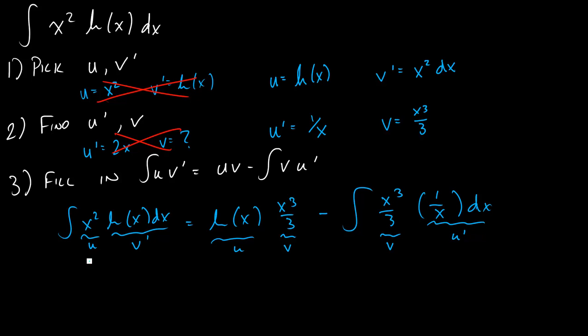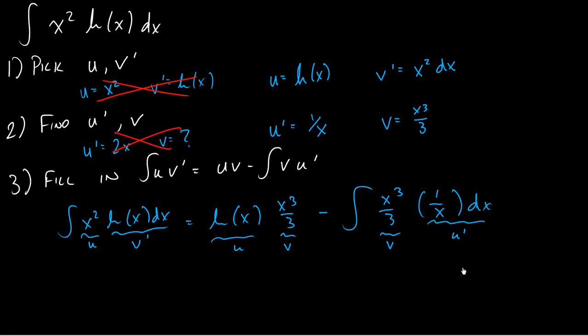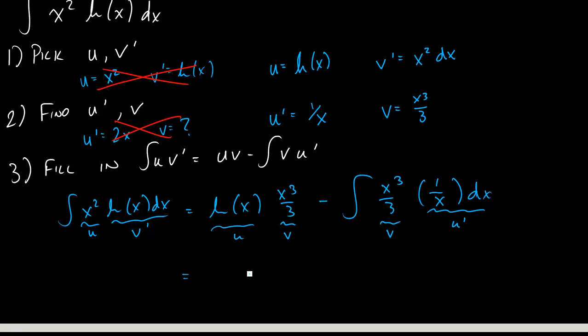So I started off with this integral that I couldn't really do, and now I have an integral that I could do. It's a little bit disguised, but this is something that you can actually do without too much work, okay? So I'm going to simplify this over here. I'll have x cubed over 3 ln of x, and then minus 1/3, and x cubed divided by x, what is that? Well, that is just x squared dx.